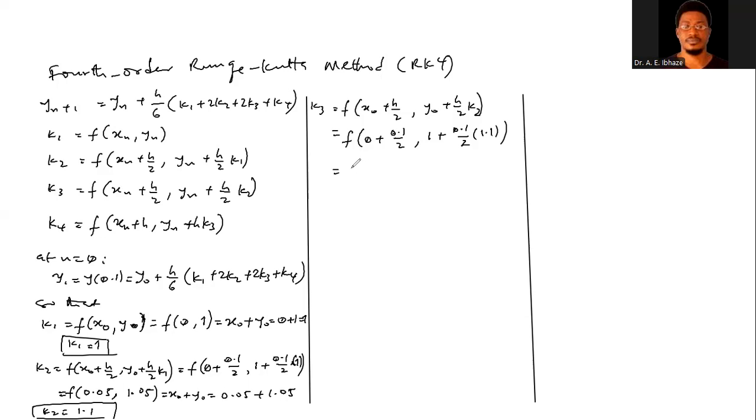So this is now going to give us f of (0.05, 0.05 times 1.1 plus 1, which gives 1.055). And we now have to apply this to the derivative function, which is s0 plus y0, and that will give us 0.05 plus 1.055, which gives 1.105. So k3 is the same as 1.105.